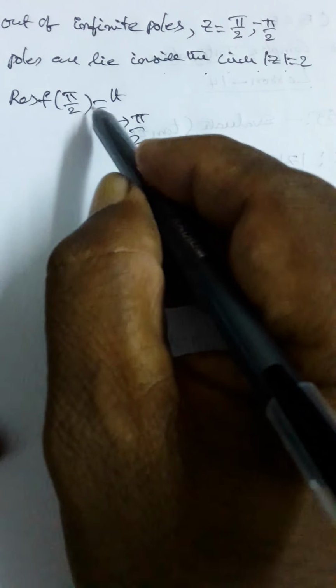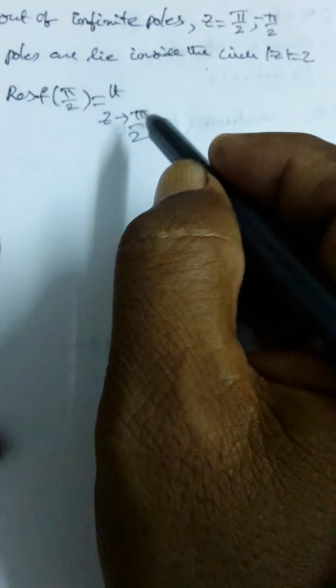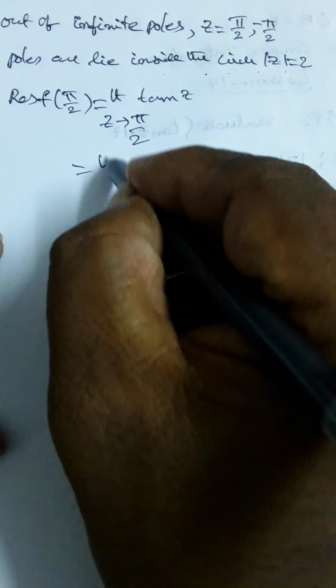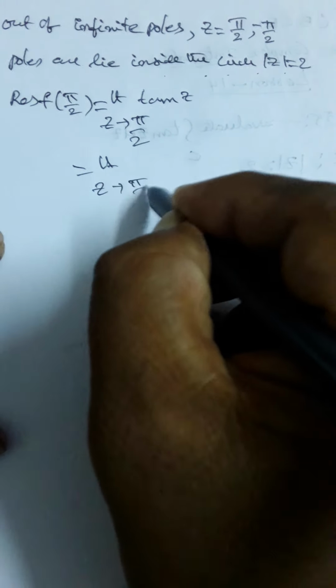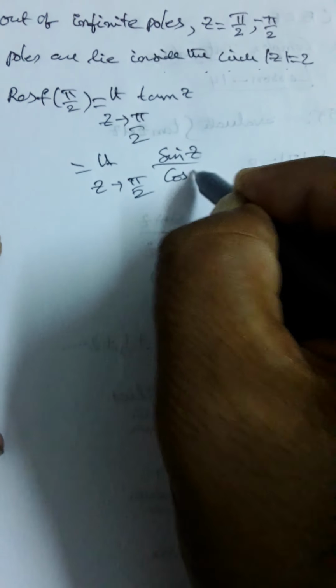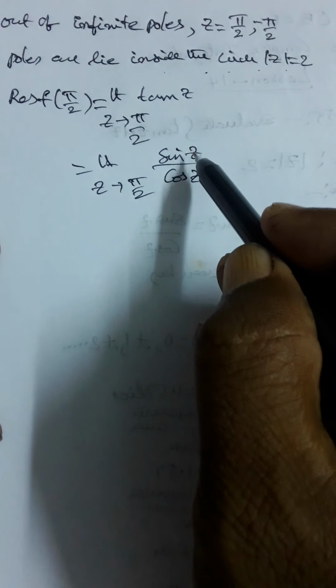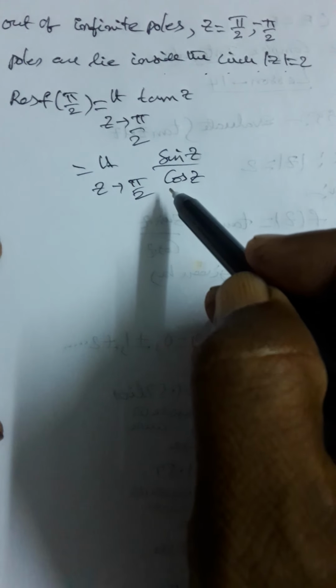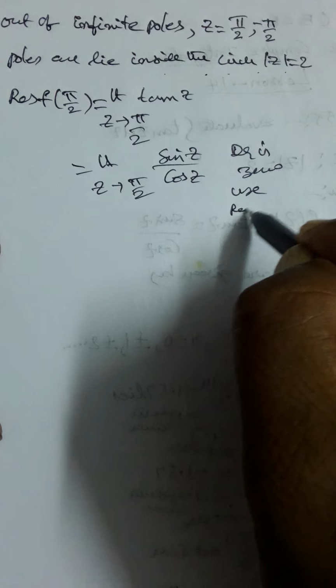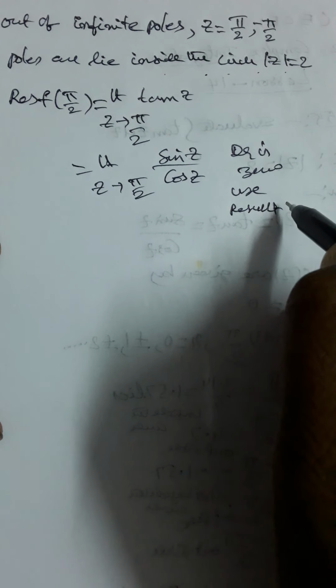So residue f of pi by 2 is equal to limit z tends to pi by 2 of tan z, which is sin z by cos z. Sin pi by 2 is 1, cos pi by 2 is 0. Here the denominator is 0. Use result 3.